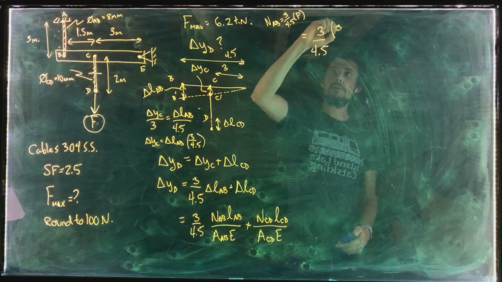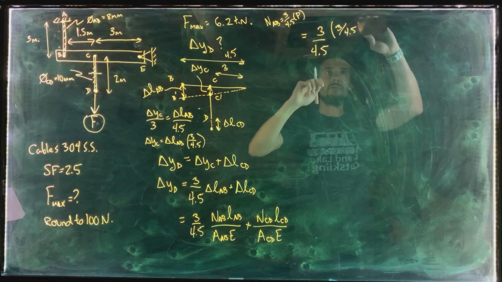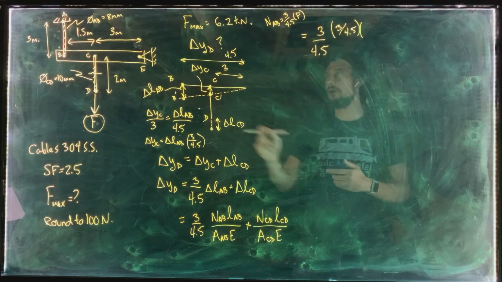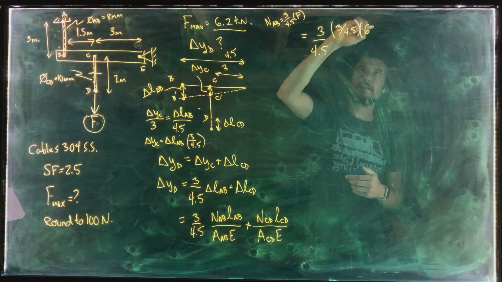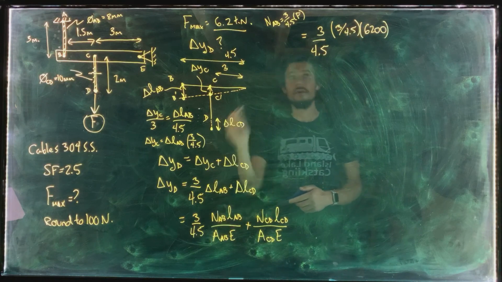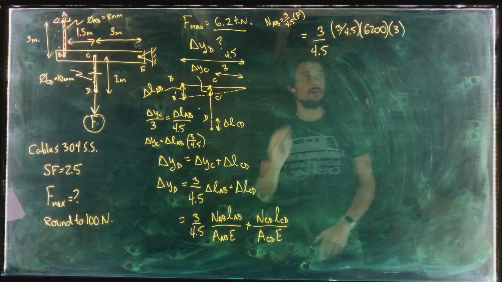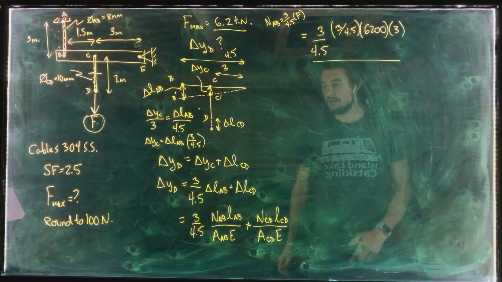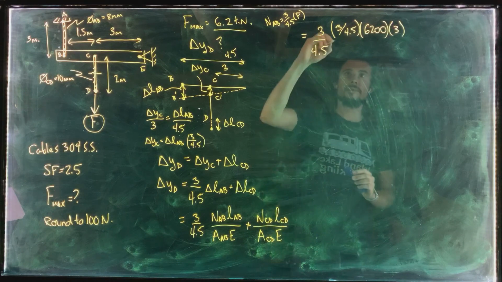So we've got 3 over 4.5 of load F, and I'm not going to put F in, of course. I'm going to put what F is in there. So we've got 6,200. And then we've got the length of AB, which is 3 meters. And then we've got the cross-sectional area down on the denominator here.